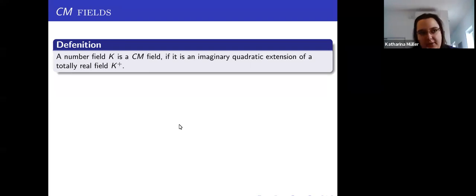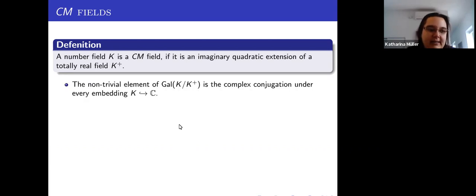Let me briefly recall what a CM field is. We call a number field K CM if it's an imaginary quadratic extension of a totally real field K plus. In this case, the non-trivial element of the Galois group of K over K plus is a complex conjugation under every possible embedding of K into the complex numbers.